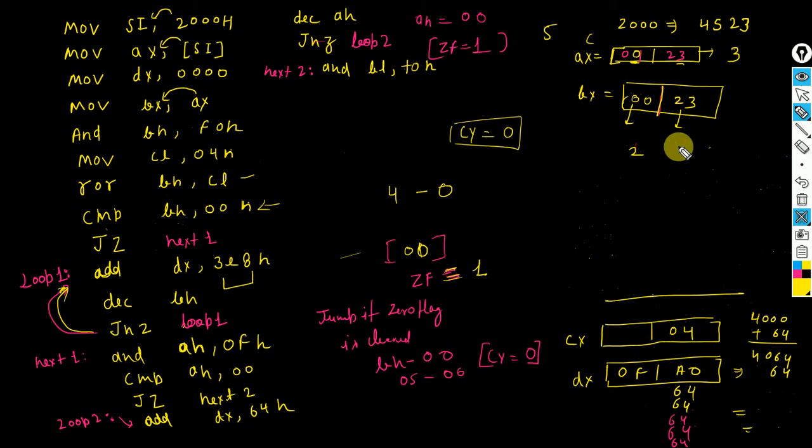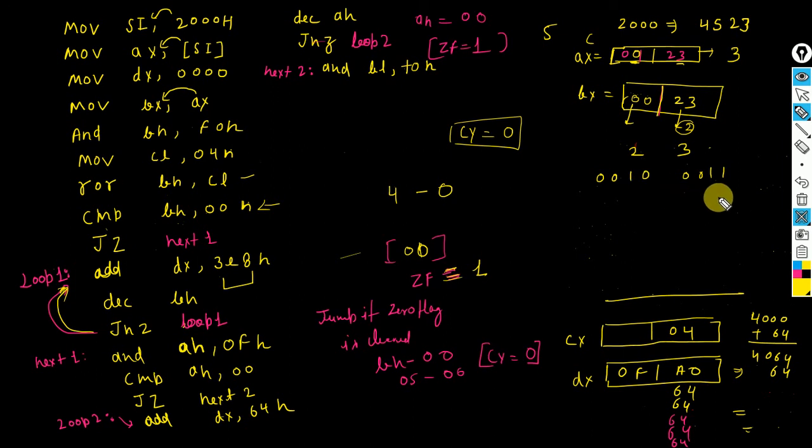So this is 2 and 3. 2 written in binary is 0010 and 3 is 0011. So in this format we extract 2. We extract 2 from 23.